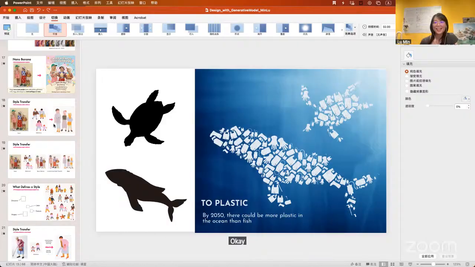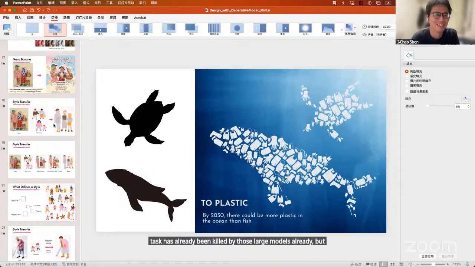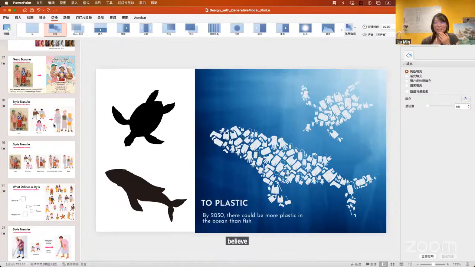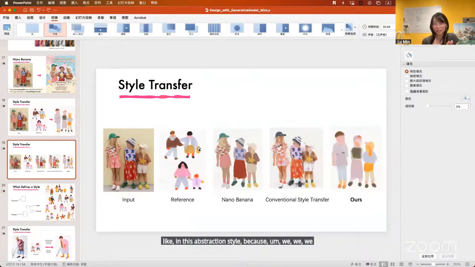I think many image tasks have already been killed by those large models. But I still believe there is space in this abstraction style, because in this specific task we care about the reference style designed by designers, and they cannot produce many such designs as training data.